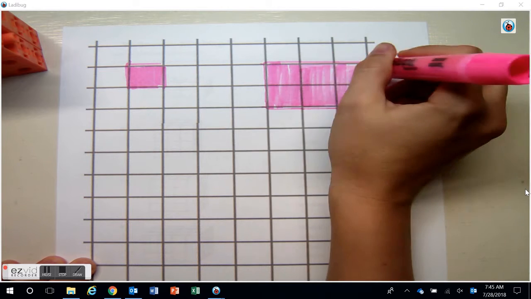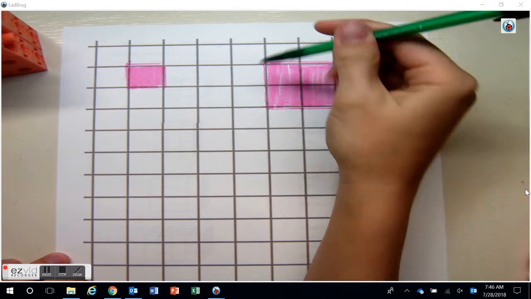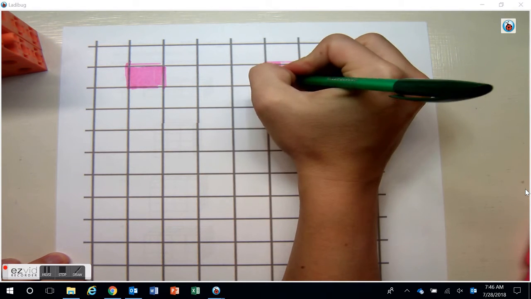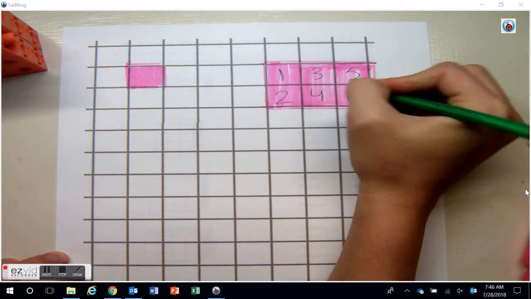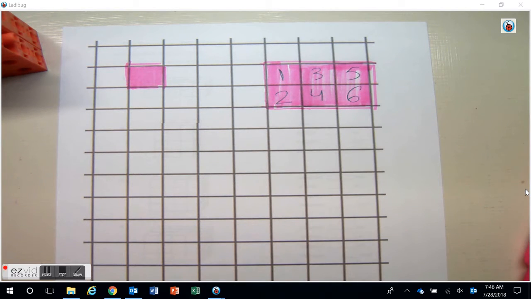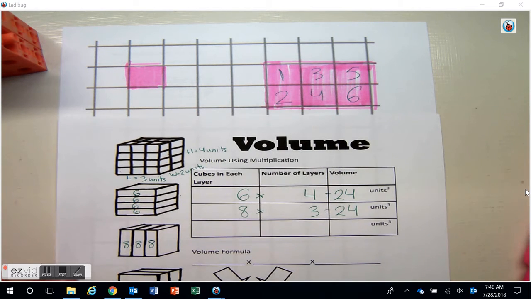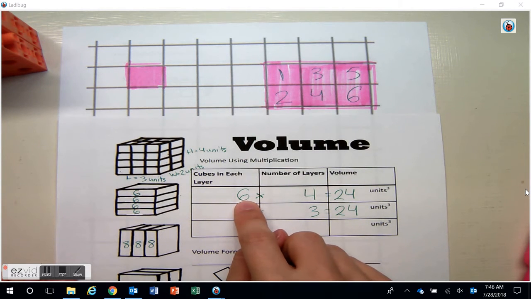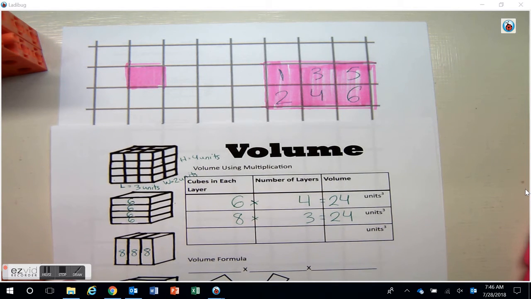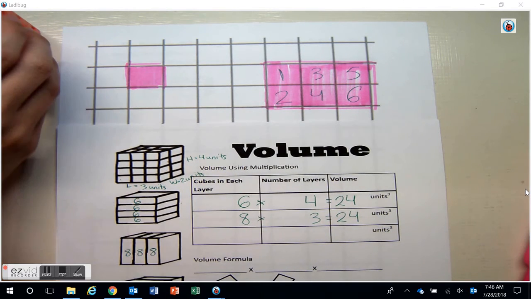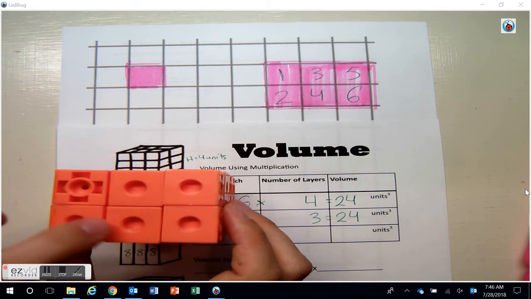And that face is 1, 2, 3, 4, 5, 6 squares. And we were saying earlier that there were 6 cubes in that layer.